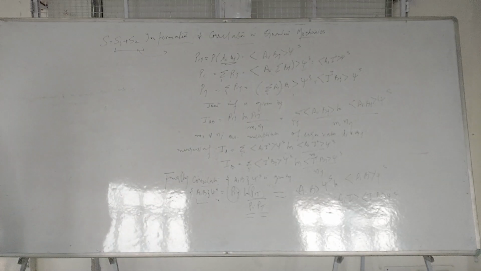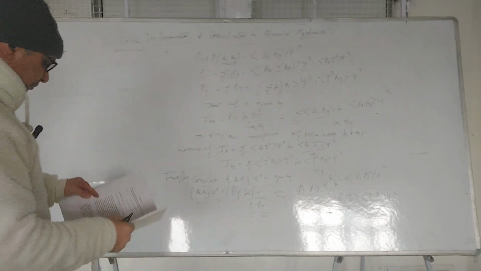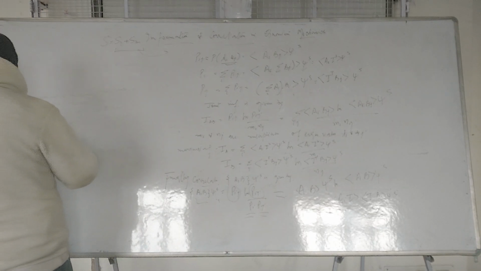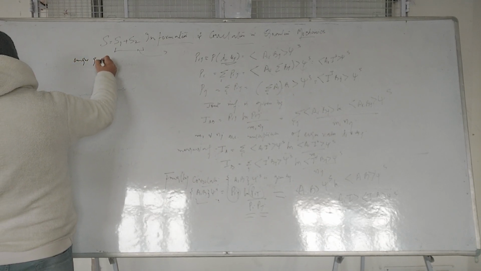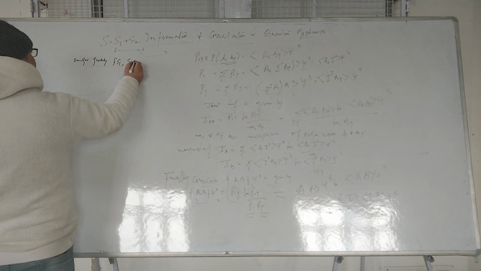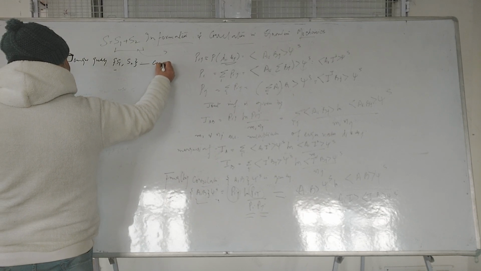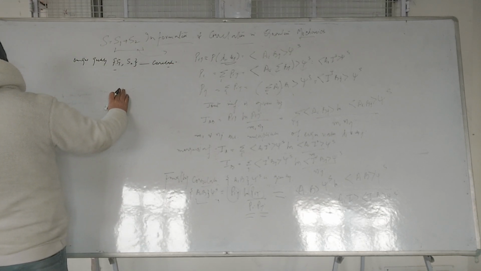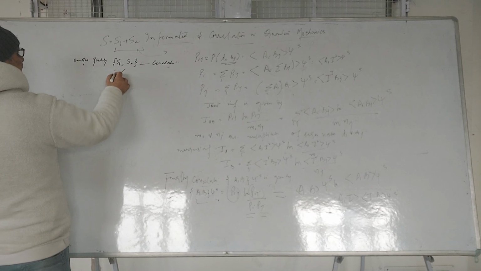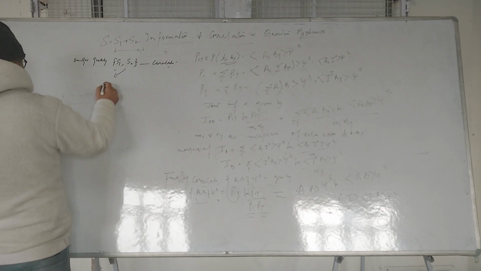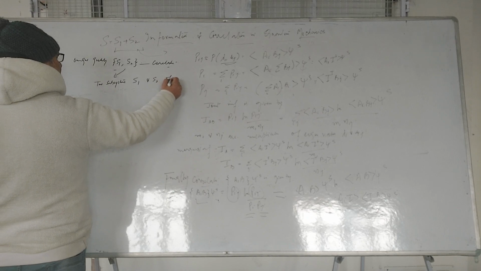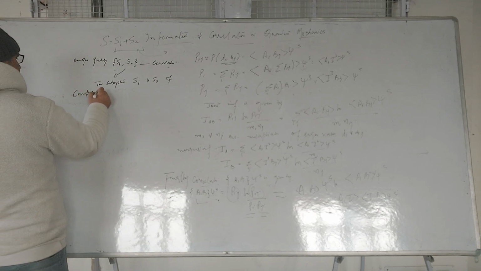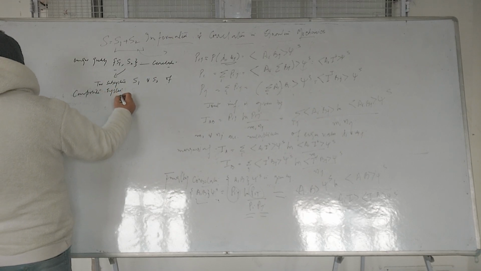So there is always a unique quantity, a fundamental unique correlation between subsystems S1 and S2, two subsystems of the composite system S.